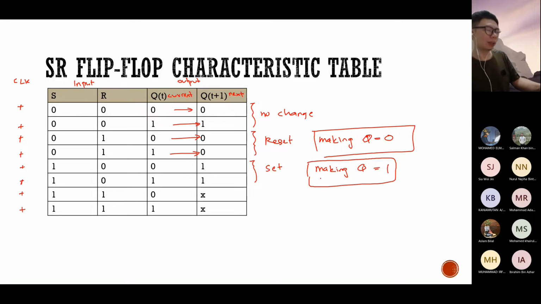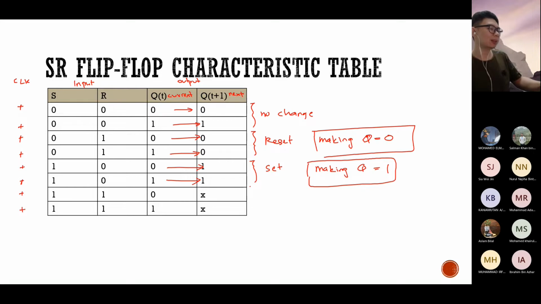So this is what a set state will do to your SR flip-flop. If your current value of Q is 0, it's going to make it into a 1. If your current value of Q is 1, it's also going to make it into a 1. So whatever value you have currently, it's just going to make it into a 1 if you're in a set state.